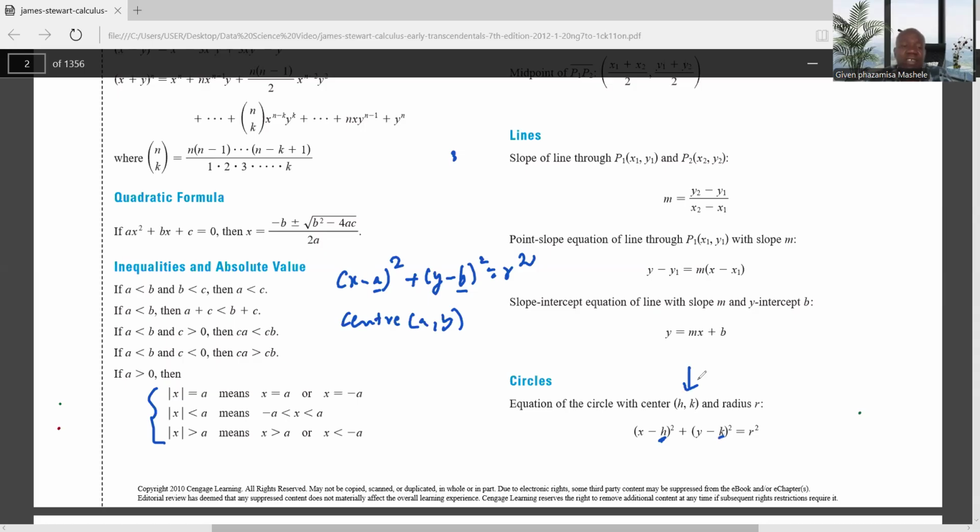These are just pre-knowledge, guys. Lecturers will not teach you these things. They will just apply them. They believe you know. Unless things like absolute value, yes, they will introduce them to you because they believe that you have not done this in grade 12. Things like the binomial theorem, they will introduce to you.